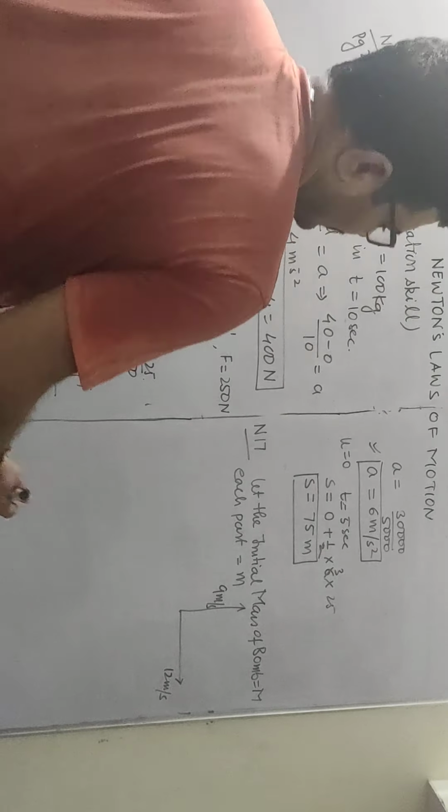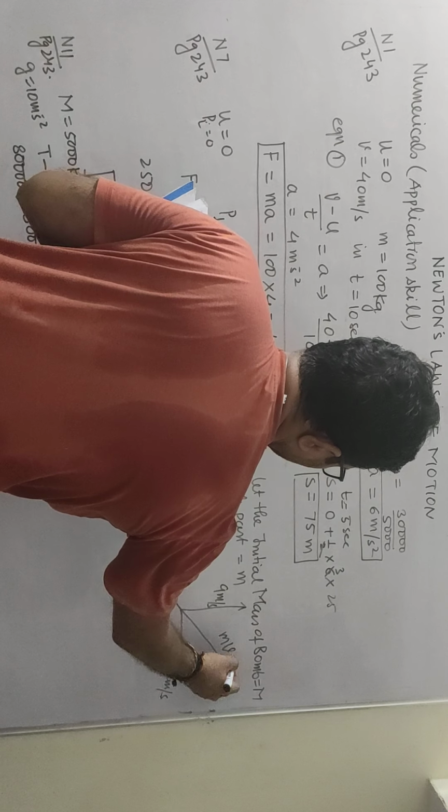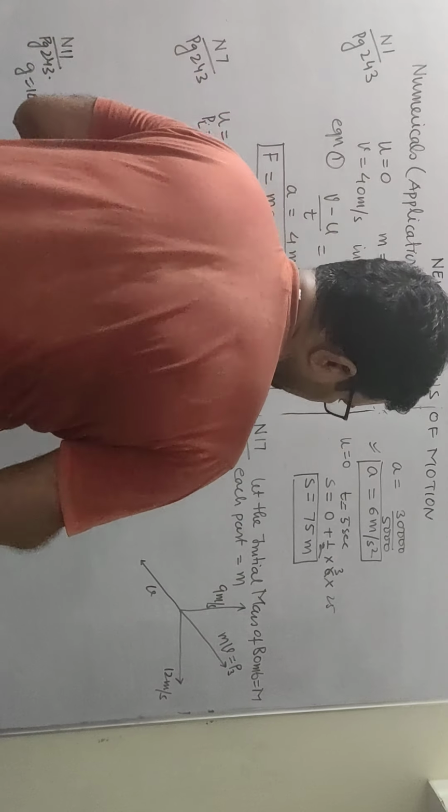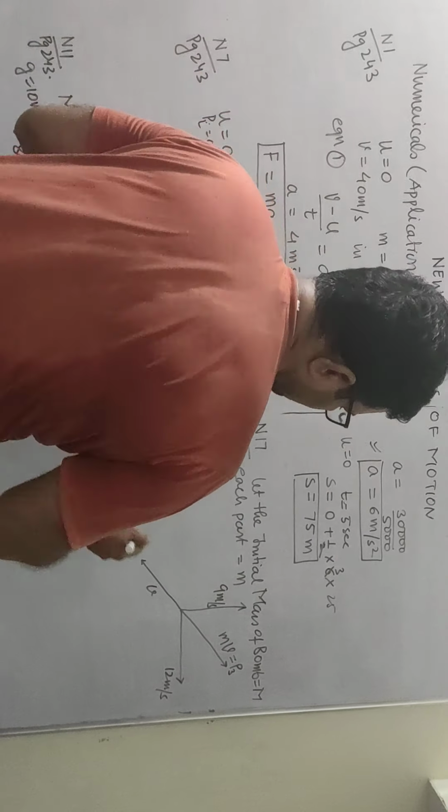Now, taking the resultant on this side, this is m into v, momentum. Momentum is a vector quantity. Third part, this is P2, m into 12. This is P1, m into 9.